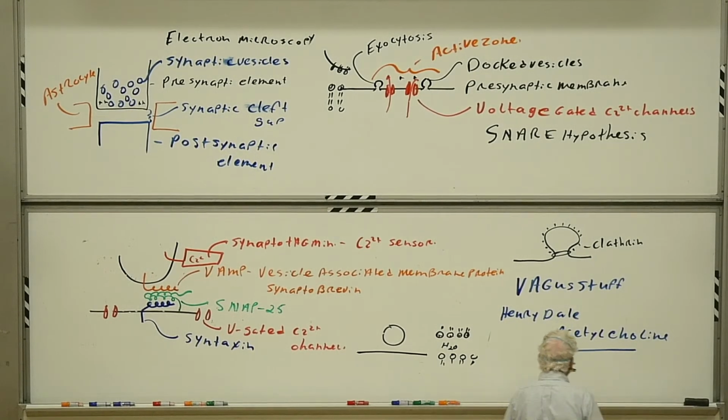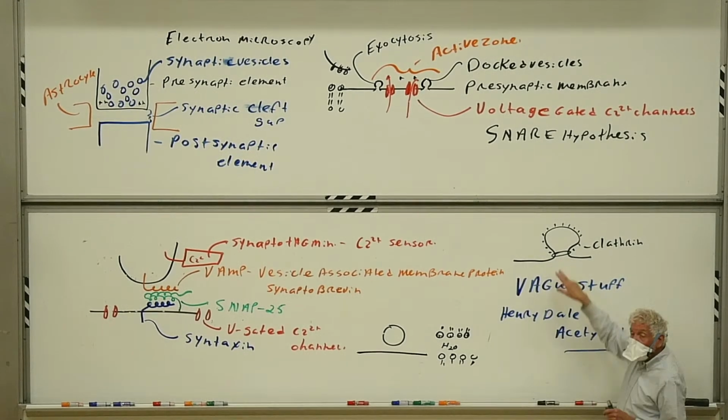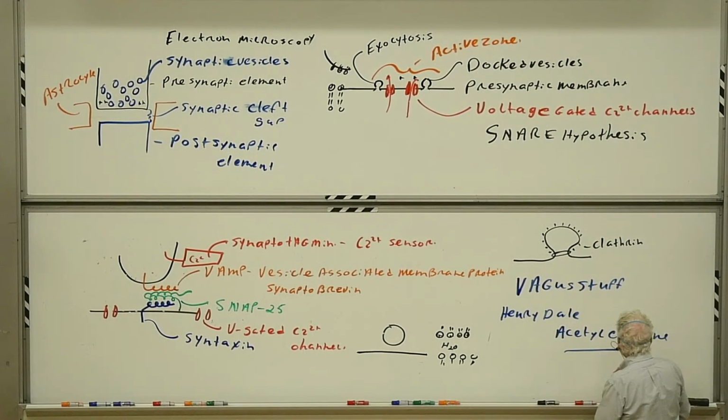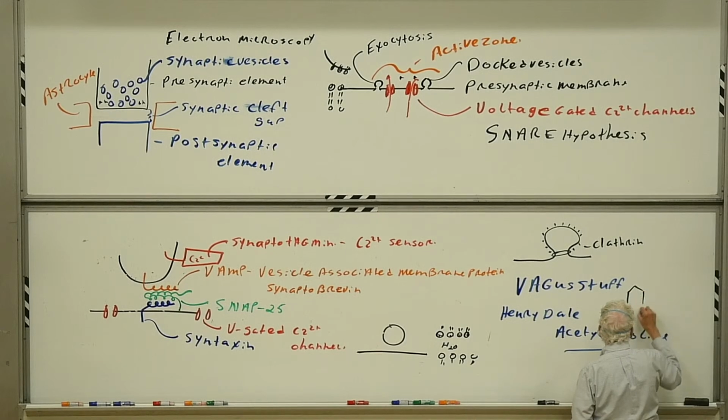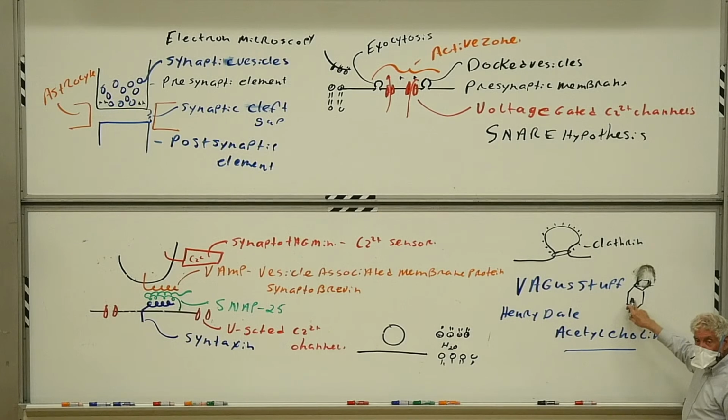Okay, we're getting a little off target here, but what they're going to do is form a set of pentagons and hexagons. If you look at this, it's like a soccer ball.